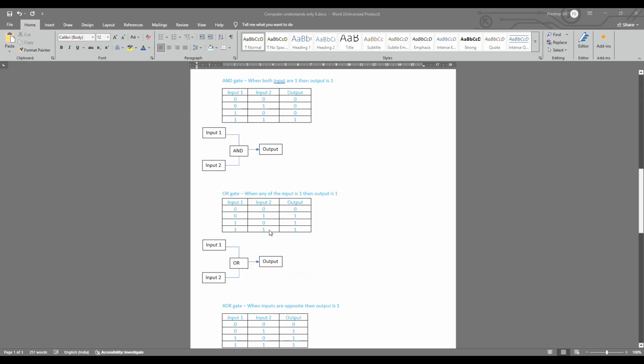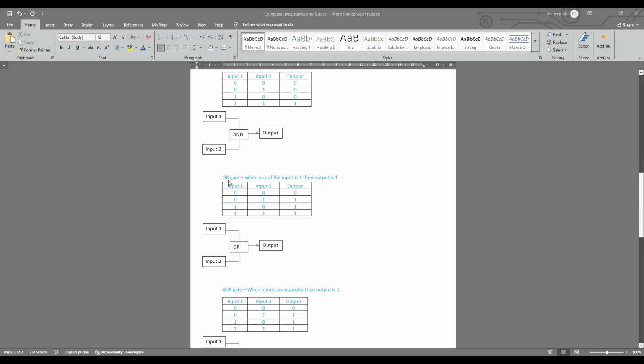Then the next gate is the OR gate. Here, when any one of the inputs is 1, then the output is 1. That means if both are 0, then the output is 0.